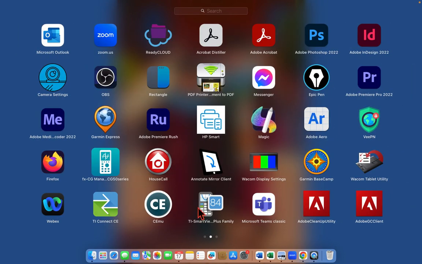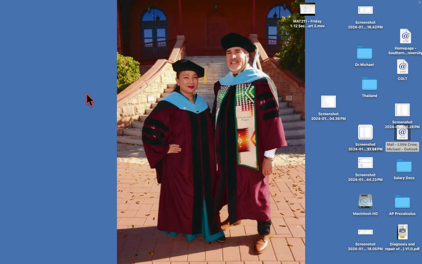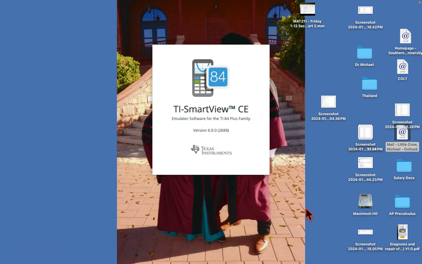I want my calculator here. Take a moment. Once it loads up, we got 6 minus 2x divided by 3. Come on. Here it comes.